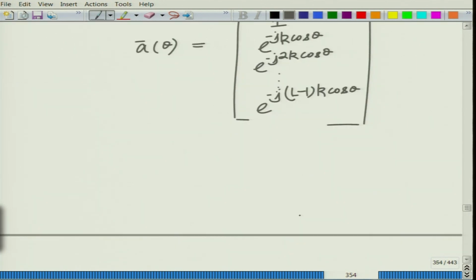So, this depends on theta, as you can see. This is an L cross 1 vector, and it depends on theta.